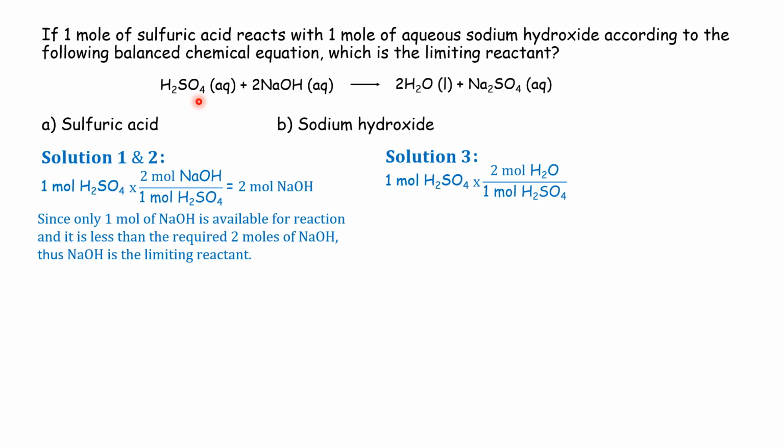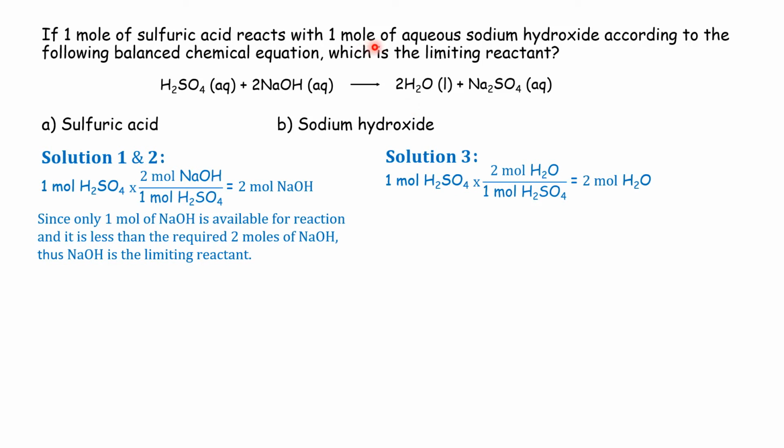What does it mean? It means 1 mole of sulfuric acid produces 2 moles of water, provided you have enough of the other reactant. So in this case, if we have enough sodium hydroxide, then 1 mole of sulfuric acid can produce 2 moles of water. But there is another quantity we know, or is given.